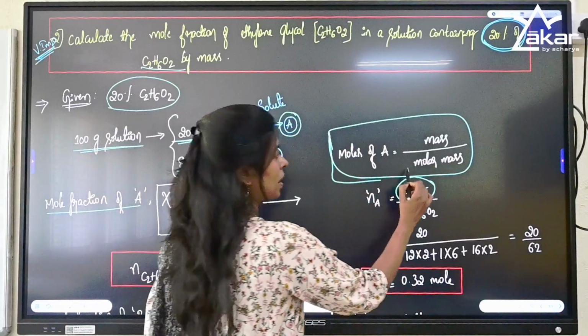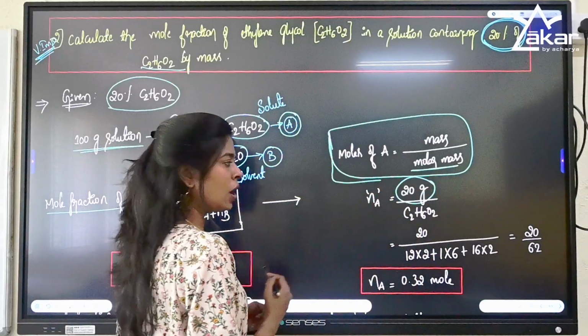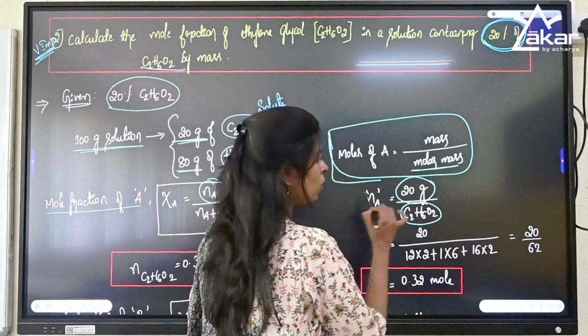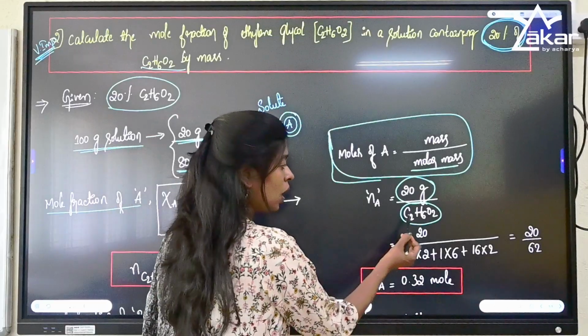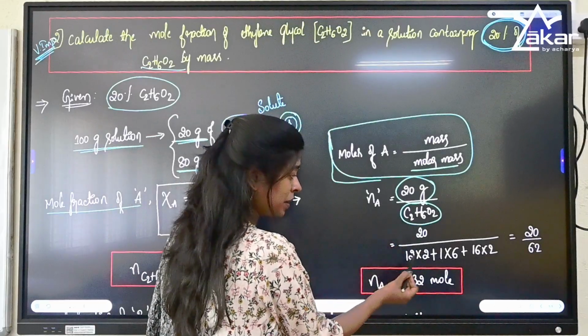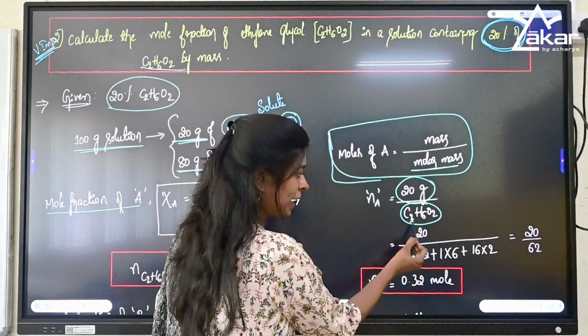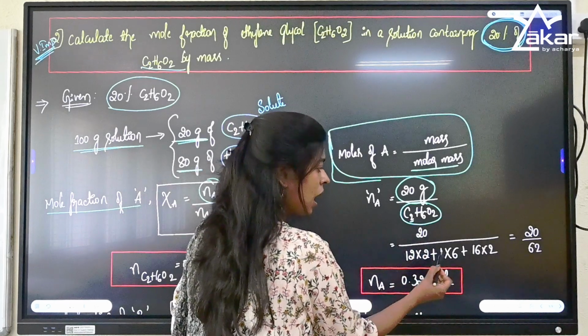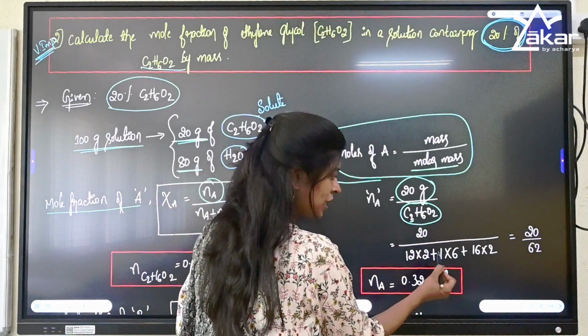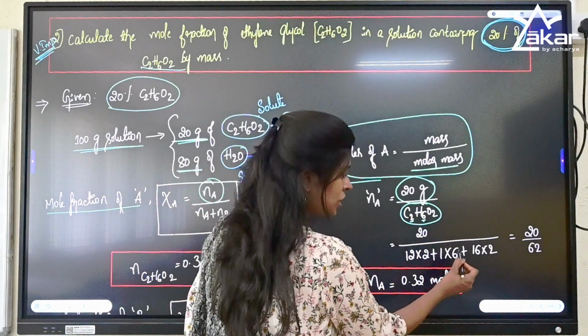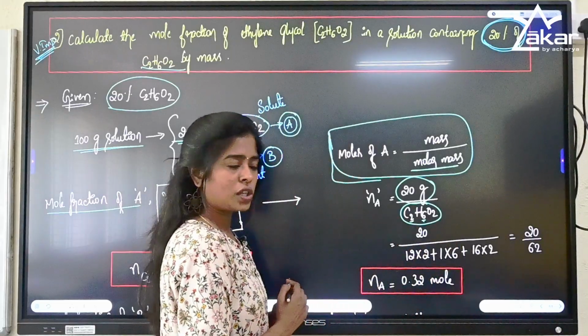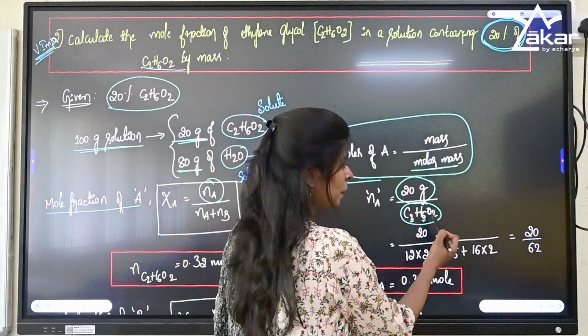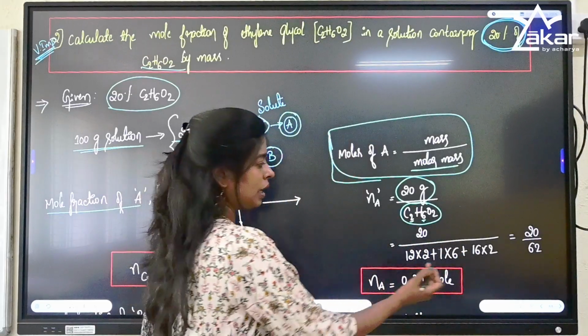Then the molar mass. How to calculate the molar mass? We all know how to calculate the molar mass of ethylene glycol. What is the carbon mass number? 12 into how many carbon atoms are there? 2, plus the mass number of hydrogen is 1 into 6 hydrogens, plus the mass number of oxygen is 16 into the number of oxygens here, which is 2.